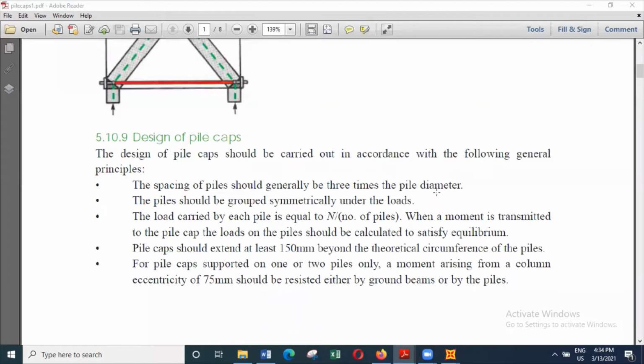So if you have a 1 meter pile, the distance between two adjacent piles will be 3 meters, whereas it will increase to 3.6 meters when you go for 1.2 meter diameter piles. So this 3 times diameter rule is sometimes a little difficult to fully comply with, but you can come pretty close to that.